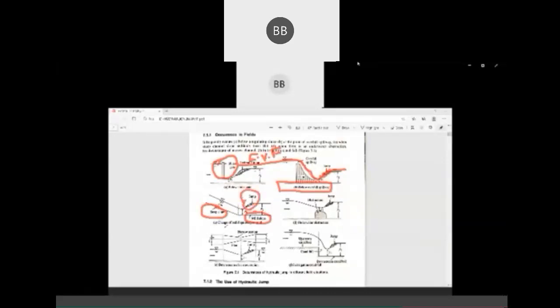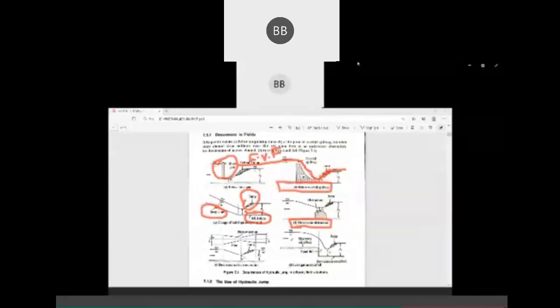Another one, if we have any underwater obstruction which is submerged. So this dam and this are two different cases. One is submerged, so there is some decrease in water level, and then again it increases.